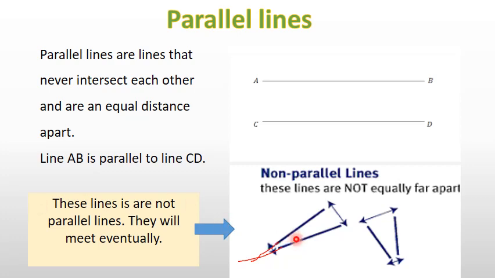And one more thing, the distance between them always remains the same. So is the distance remaining the same? You can see the distance here is so great and the distance here is so small. So these lines will eventually meet and the distance is decreasing. So that means these are not parallel lines. Again here, the distance here is greater, the distance here is smaller. That means these are not parallel lines.